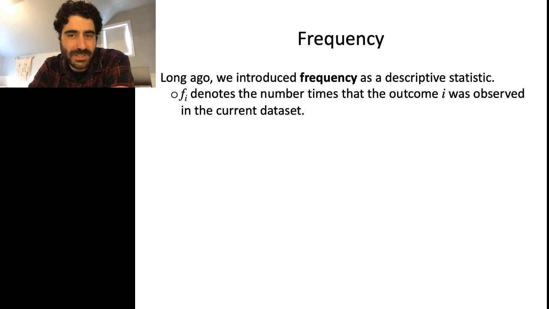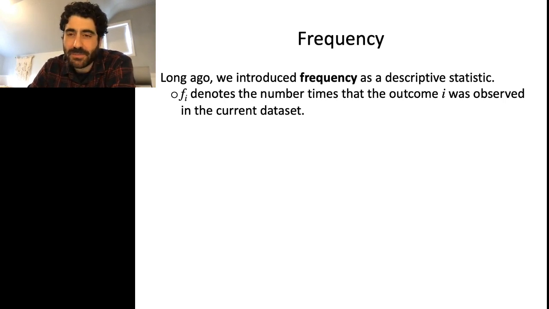Here, the word frequency just means a count. So it's like the tally function in R. We're just counting up how many times each outcome occurred. And this is pretty much one of the only statistics we can compute for nominal data. We can't do any kind of math on it. All we can really do is count up how many responses of each type we got.